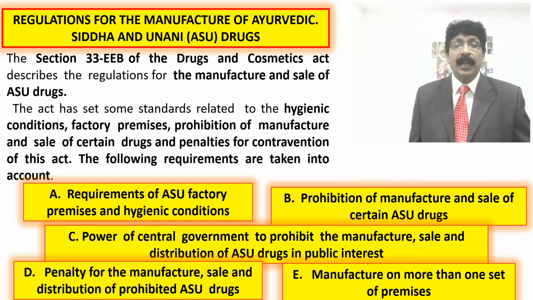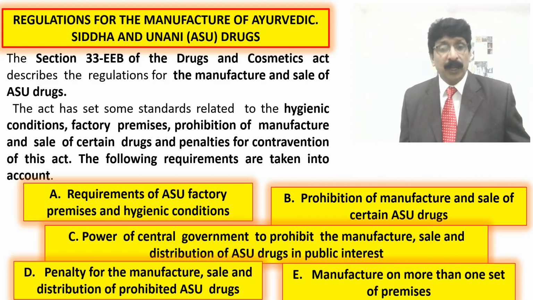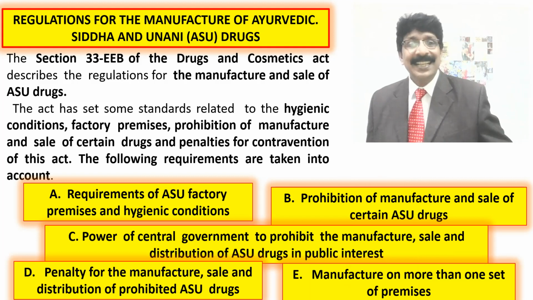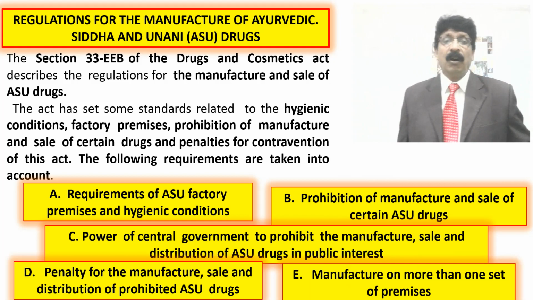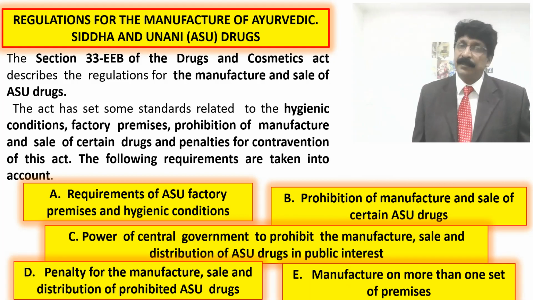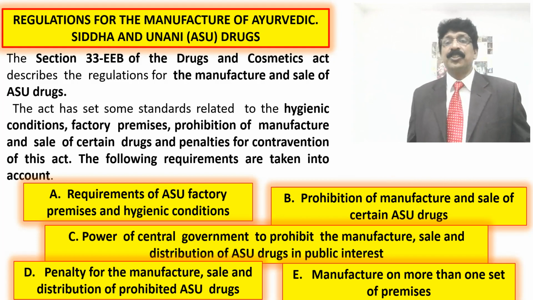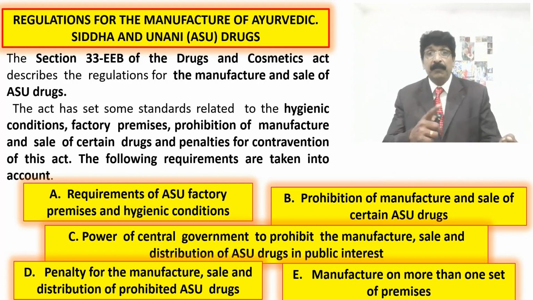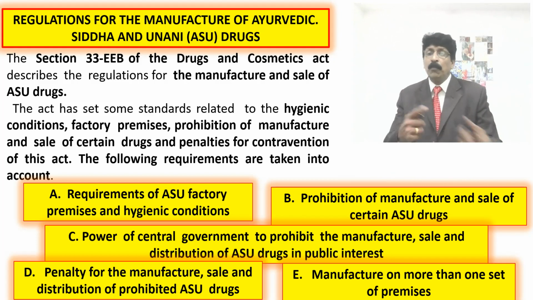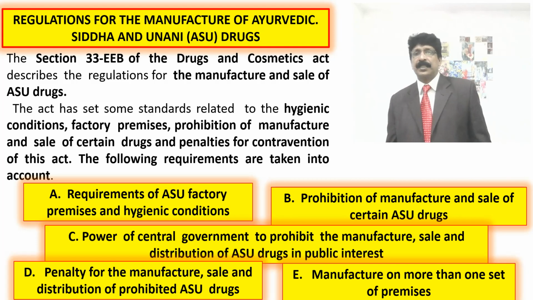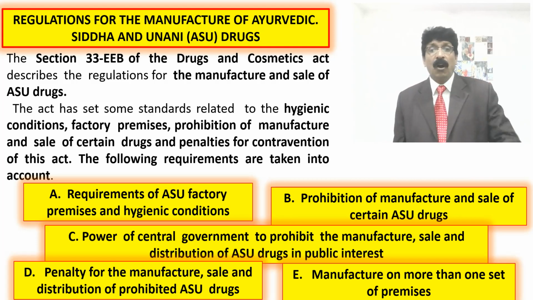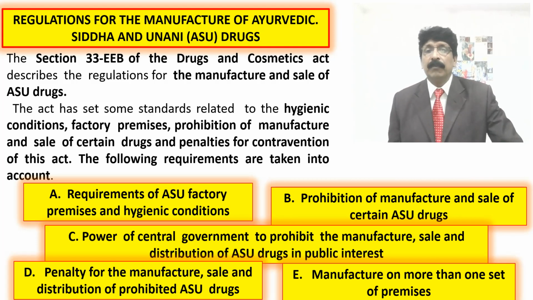D: Penalties for the manufacture, sale and distribution of prohibited Ayurveda, Siddha, Unani drugs. And E: manufacturers having one or more than one set of premises. So these 5 subheadings we are going to discuss now.